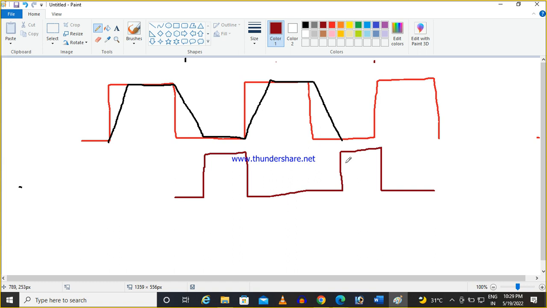So these pulses should be like this. From this discussion we understood that for this period, and here for this period, the complementary switch should always be off.